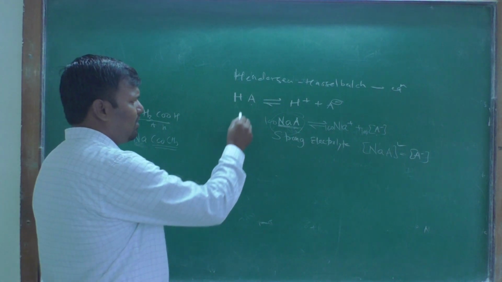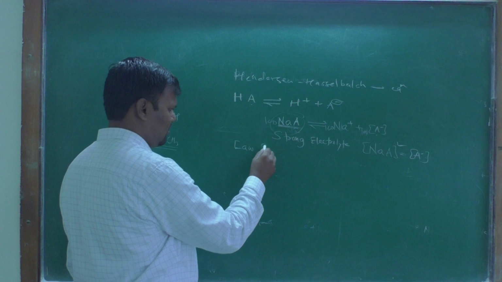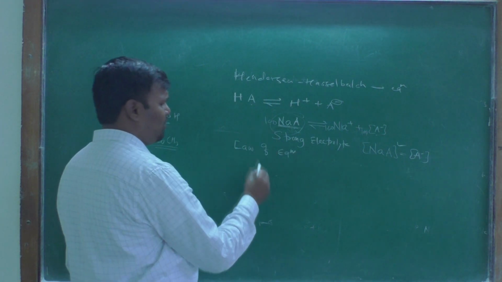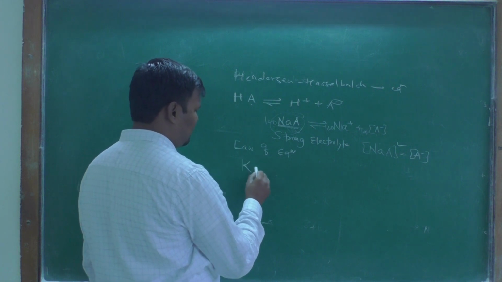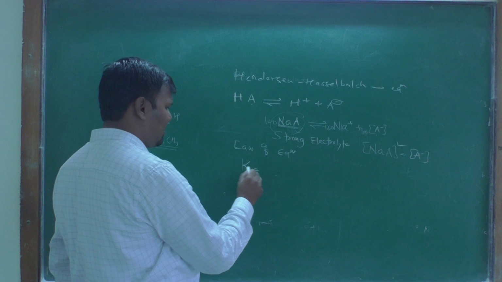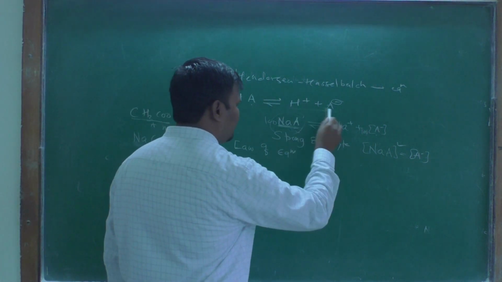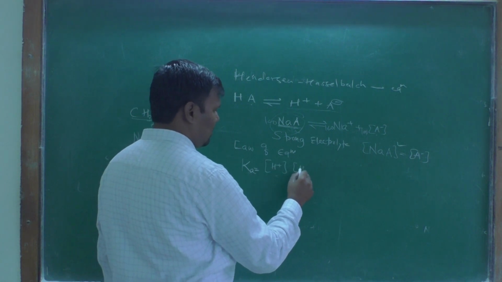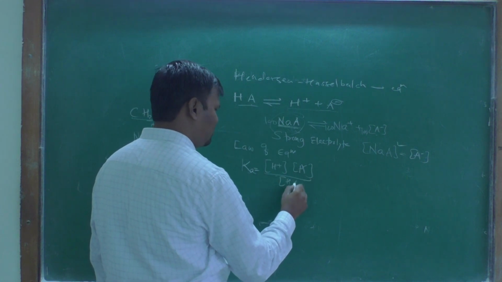Now, by applying the law of equilibrium, for the acid, Ka is equal to the concentration of the dissociated ions upon the concentration of HA.